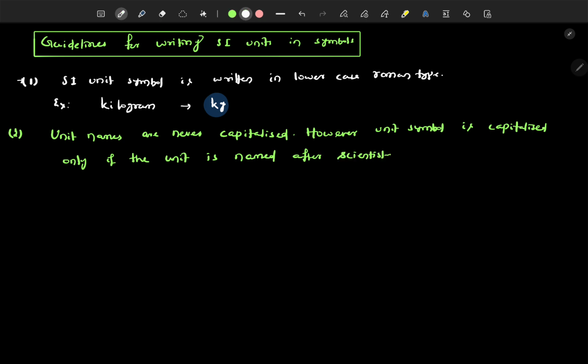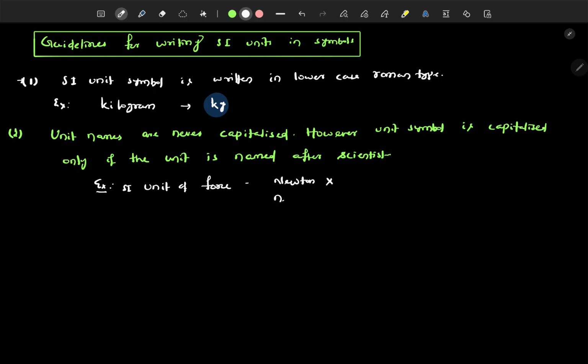For example, suppose the SI unit of force. What is that? The answer is newton. If you write Newton with a capital N, it is wrong, because starting with a capital N represents the name of that person.